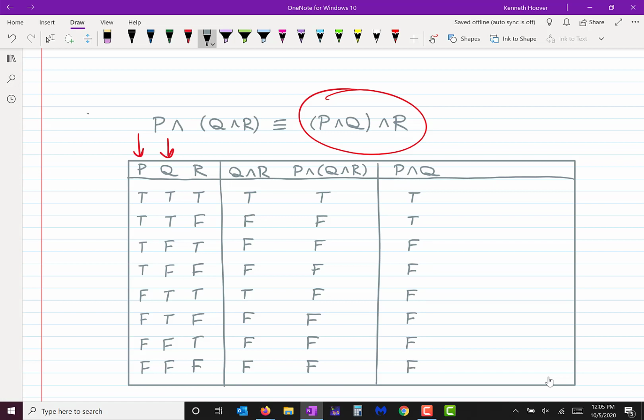And now we're going to do the conjunction of that with R, which requires me to only look at these two columns. The conjunction of those two. Okay, so in the first row, they're both true, so the conjunction's true. In all of the other rows, one of them's false, so the conjunction is false.